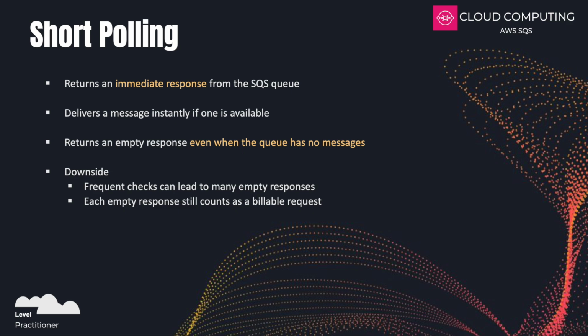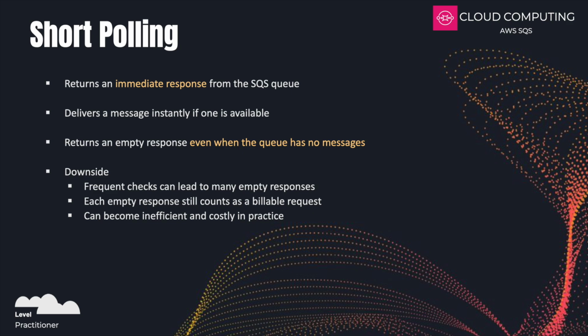In other words, even though you didn't get any actual data, you're still billed for that act of polling. Imagine constantly refreshing a web page over and over again, even when nothing new has been posted. You're spending effort, and in the case of SQS, money, without getting anything useful back.